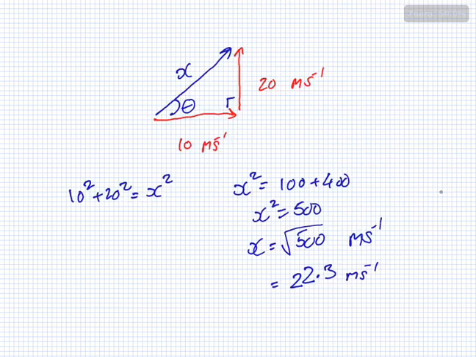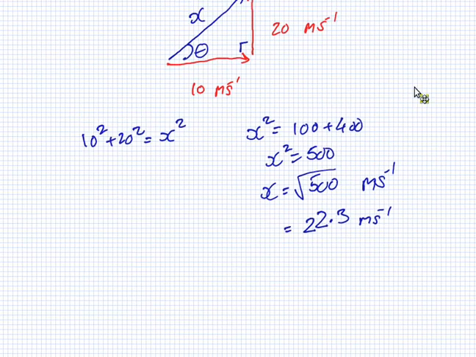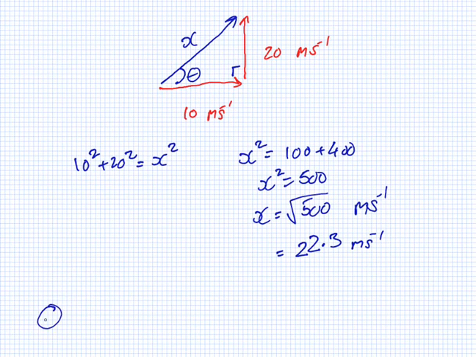I also want to know the direction. What formula do I use for the direction? Well, which one did I give you? The first one. Tan inverse. What goes here? 20 over 10.